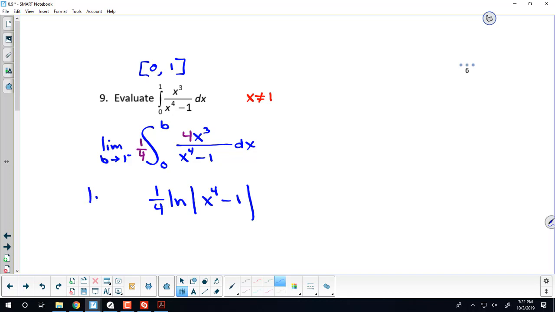And we calculate the limit as b approaches 1 from the left, antiderivative from 0 to b. So we'll do this first.